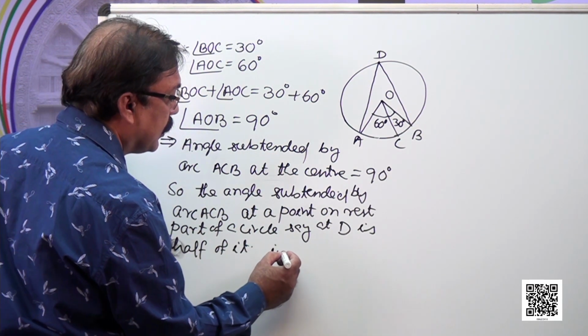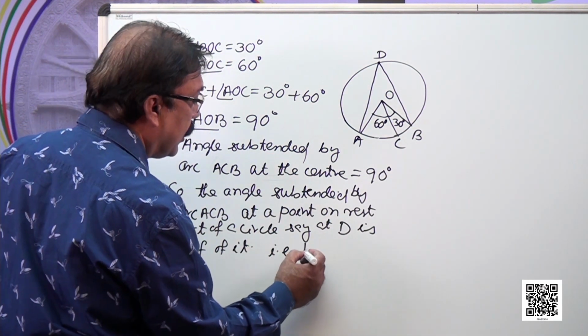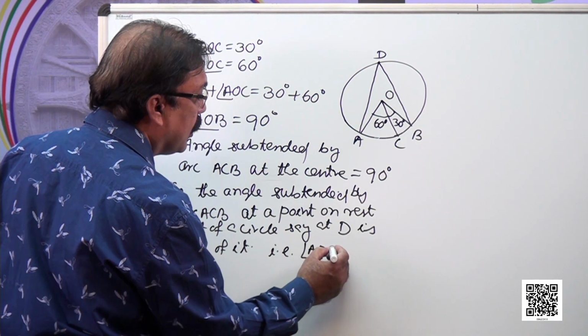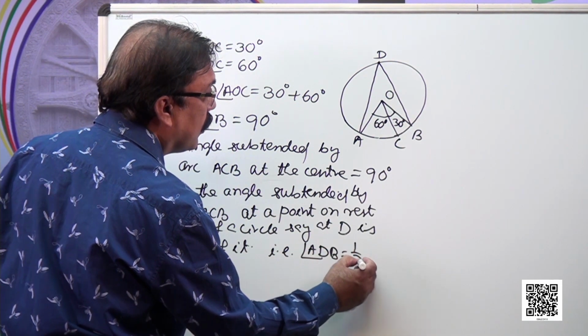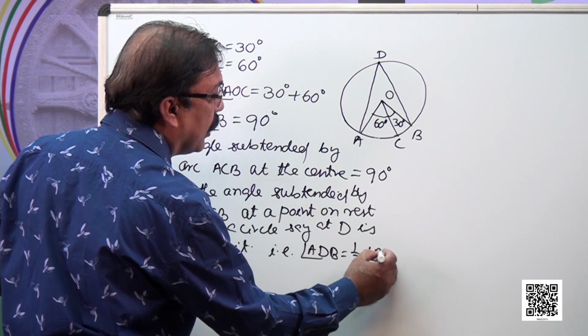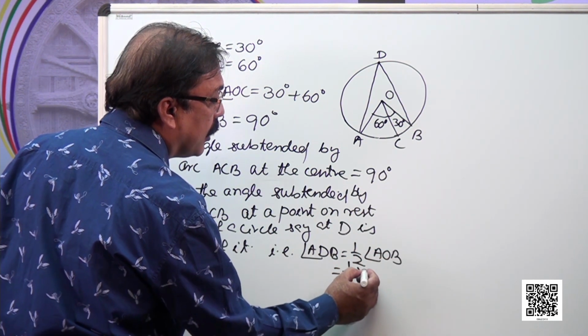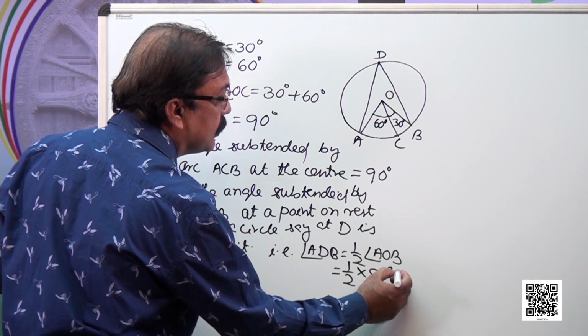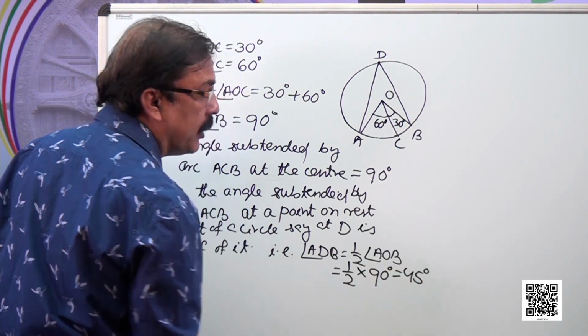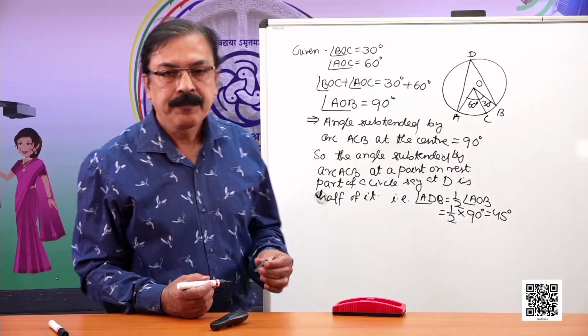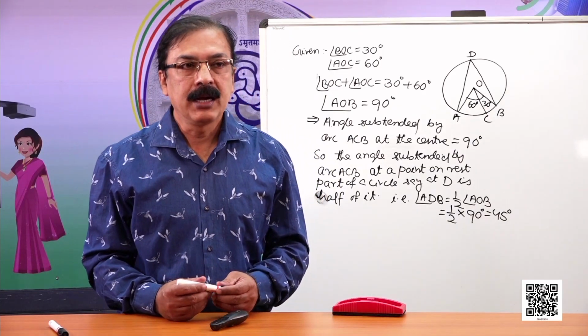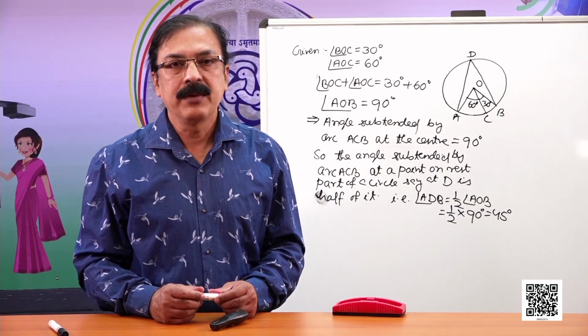That is angle ADB is equal to half of angle AOB. That is half of 90 degree is equal to 45 degree. So the measurement of angle ADB is 45 degree.